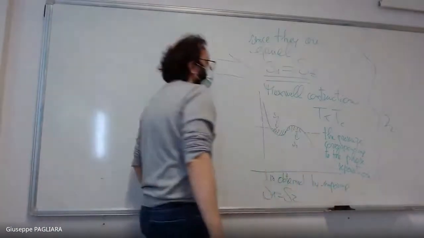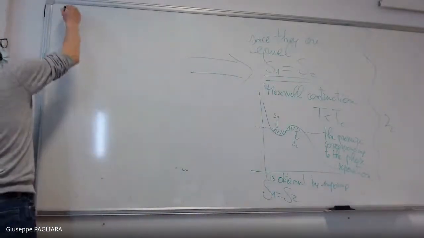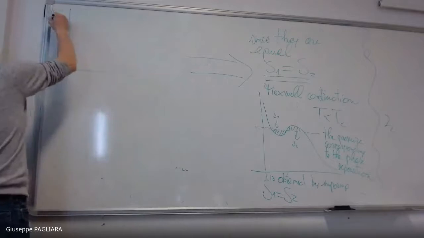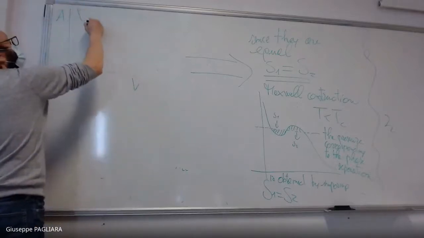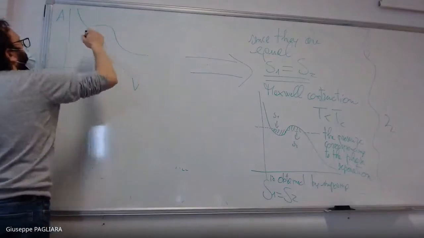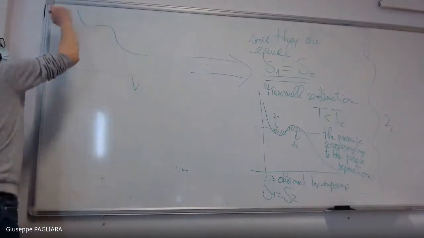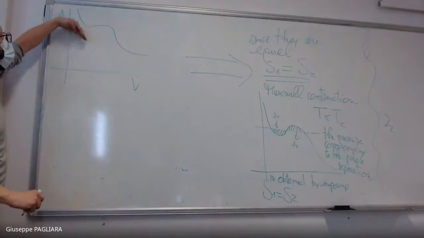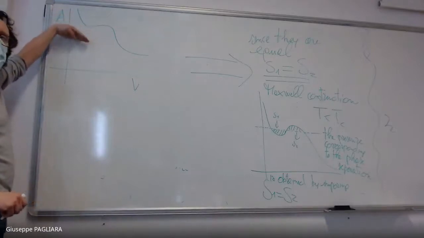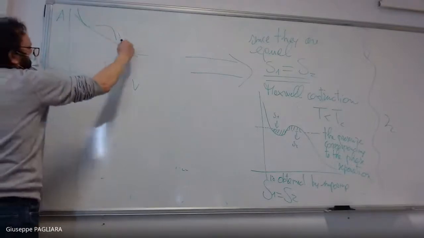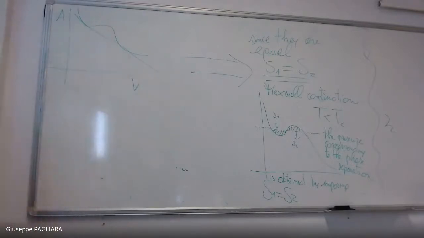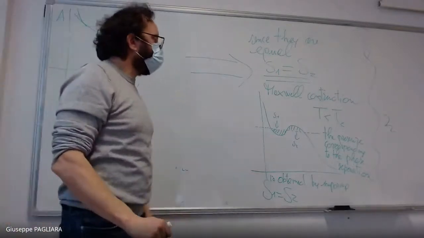Or another way to do it is to draw A as a function of V. We said before that we have something like that, and we need to find the right value of the angular coefficient for which we have two points of tangent. This is more difficult to do, and the other is much easier.